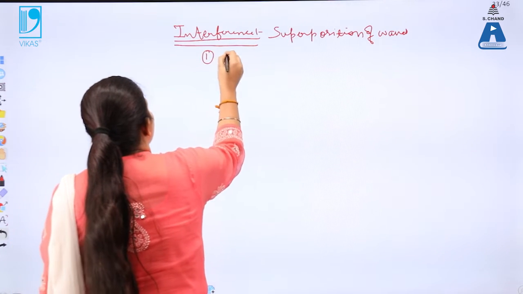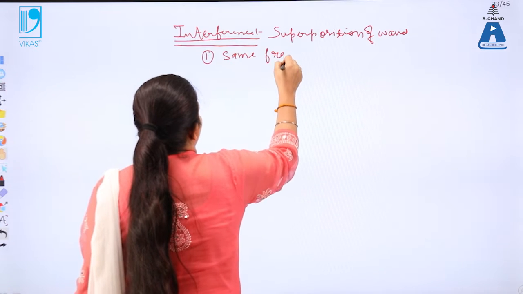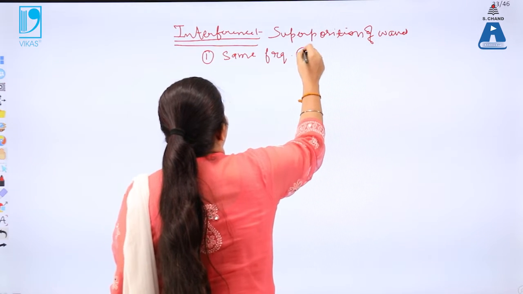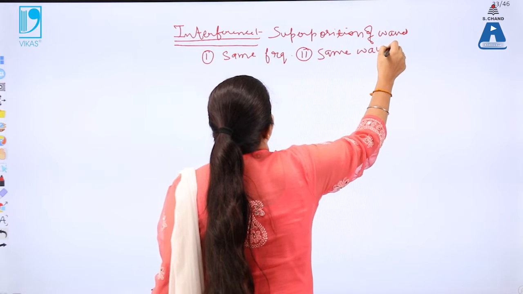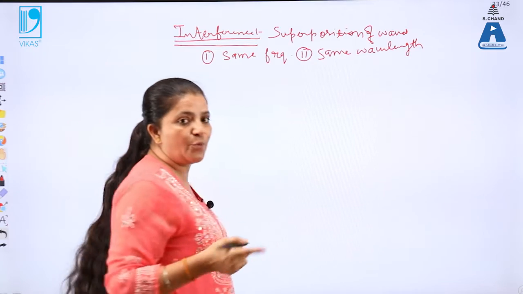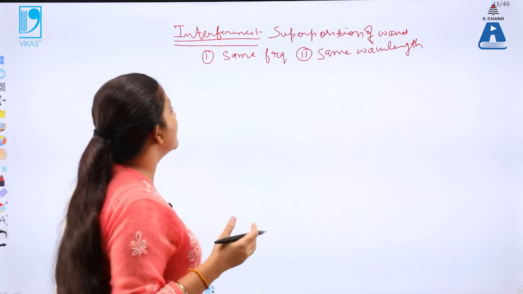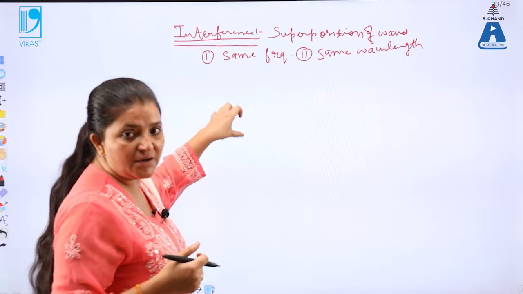Number one, these waves are of the same frequency. Second, they are of the same wavelength. This is the main condition for two waves to get superimposed on each other and give the resultant intensity. Then the resultant can be obtained.